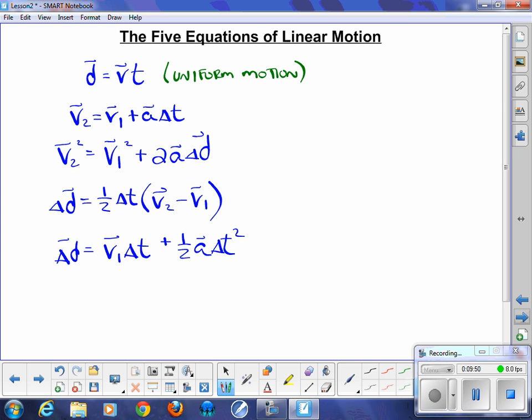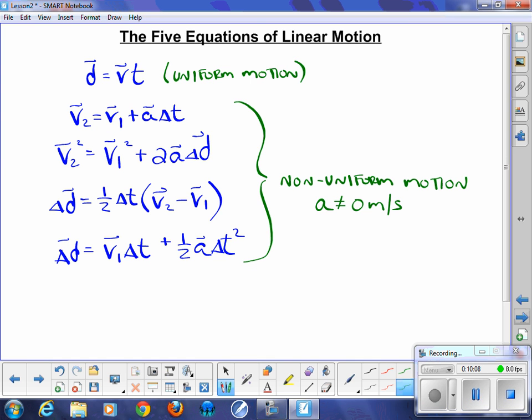So there are the 5 motion equations. These 4 deal with non-uniform motion, so that means that acceleration is not 0 meters per second squared. Up here, I guess we could add that acceleration is going to equal 0 meters per second squared. So there are the 5 equations that are required.